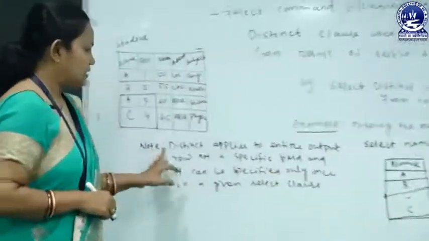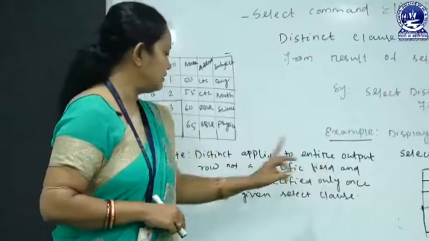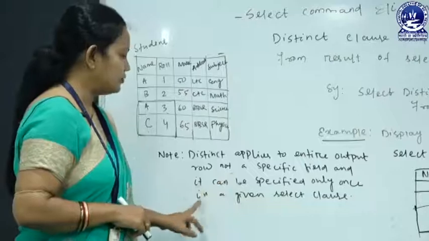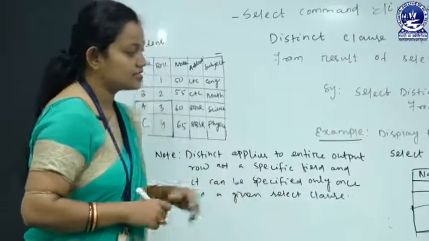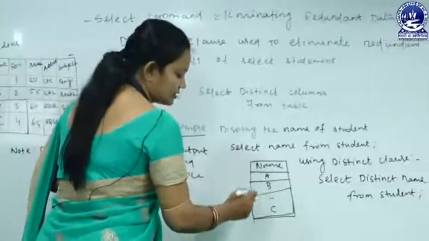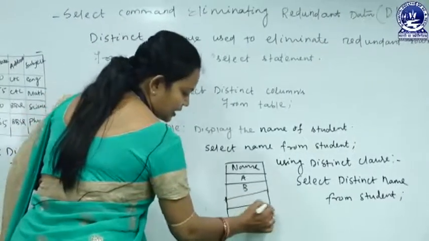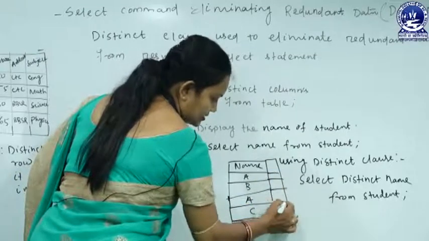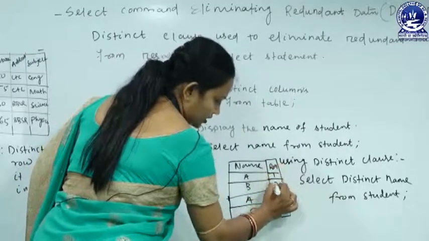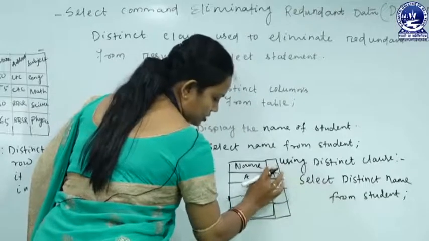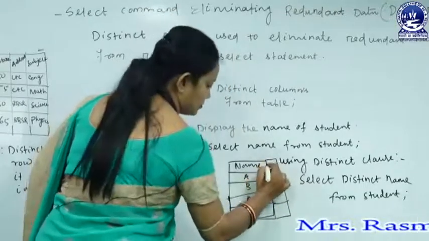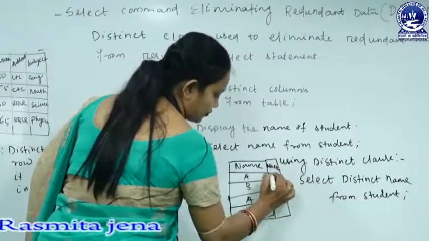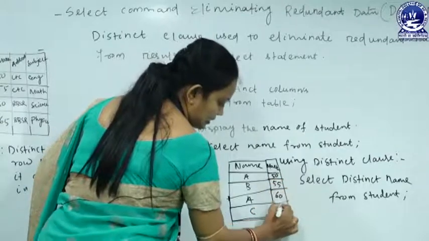There is a note: the distinct clause applies to the entire output row, not to any specific field, and it can be specified only once in a given select clause. That means, suppose we have two attributes in the resultant relation, name and mark, with mark containing values 50, 55 and 60, 65.